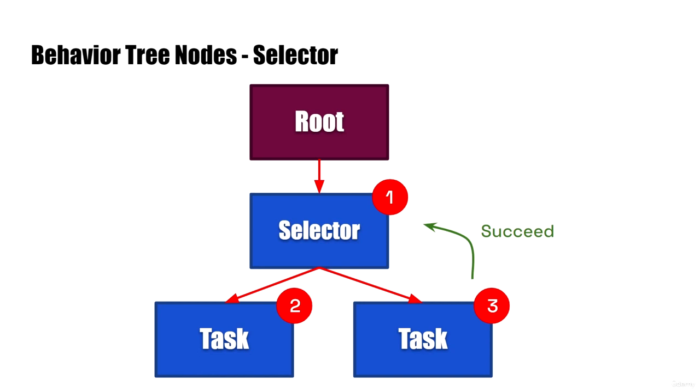And if this second task succeeds, well, then the selector will return success back to the root, at which point the tree starts over. However, if the selector reaches this last task and it fails, well, then the selector will return that failure back to the root, at which point the root will start over. So a selector node is very similar to a sequence node, except it will execute each of its child nodes from left to right until it reaches a success or all of them fail.